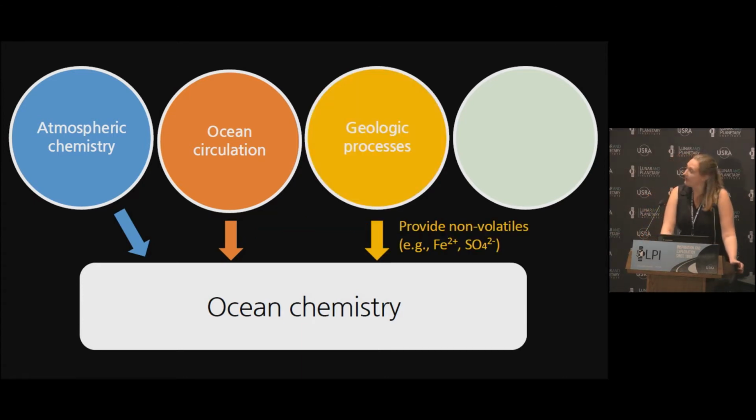Another factor that matters a lot are geologic processes, so things like weathering and hydrothermal activity, which supply ions to the ocean, like ferrous iron and sulfate in particular, that play a really important role in dictating the chemical landscape of the ocean, but ultimately are not in exchange with any volatile phases in the atmosphere. So the role of sulfate in controlling the composition of our ocean is something that I'll return to later in this talk as well.